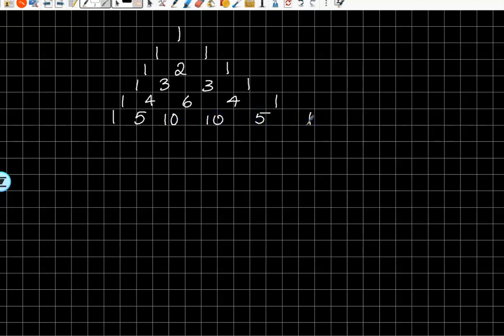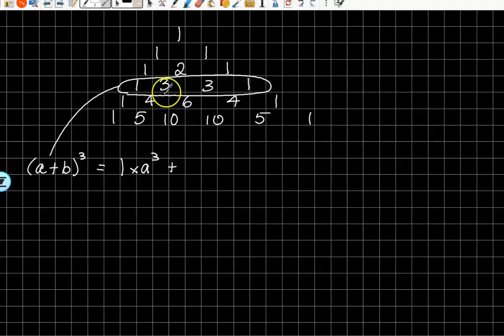So, why is this helpful to us? Because if I wanted to expand (a+b) cubed, what this means is it's going to be 1 times a cubed plus 3 times a squared times b to the 1 plus 3 times a times b to the 2 plus 1 times b cubed.